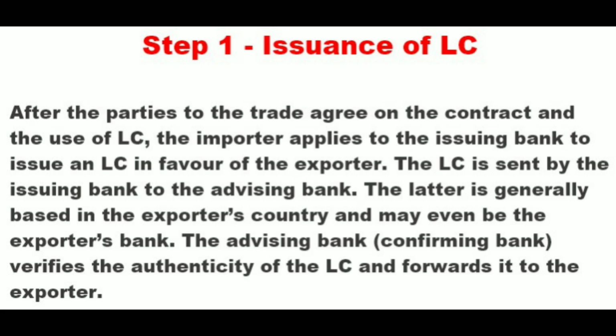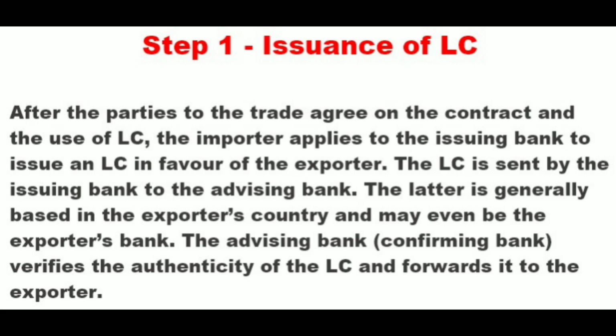The LC is sent by the issuing bank to the advising bank. The latter is generally based in the exporter's country and may even be the exporter's bank. The advising bank verifies the authenticity of the LC and forwards it to the exporter.